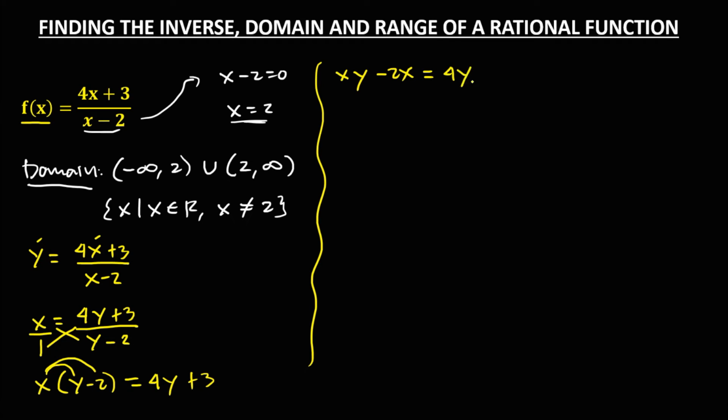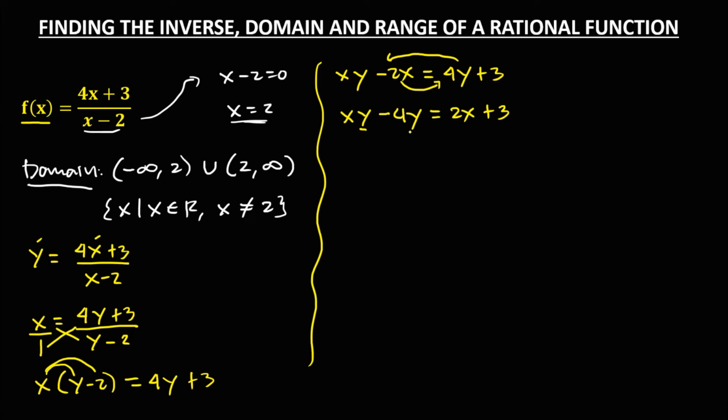equals 4y plus 3. Then we need to group all y's, so transpose this positive 4y, so we have now x times y minus 4y equals, transpose this negative 2x, that becomes positive 2x, then plus 3.